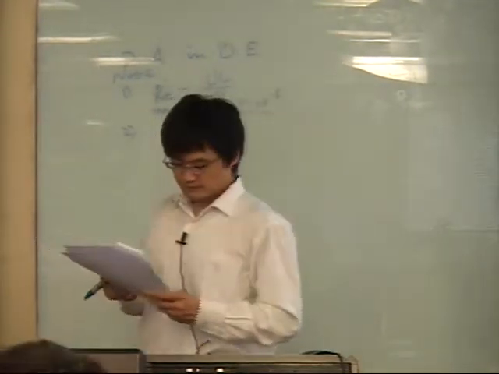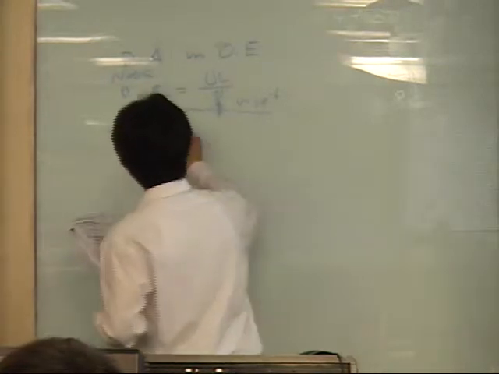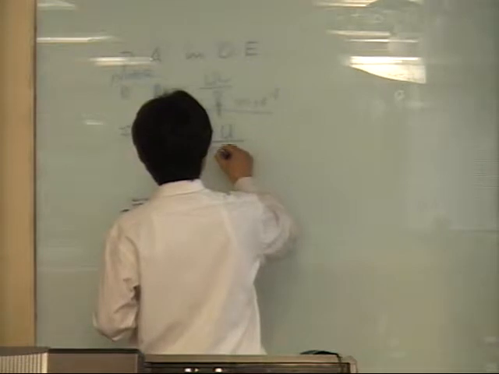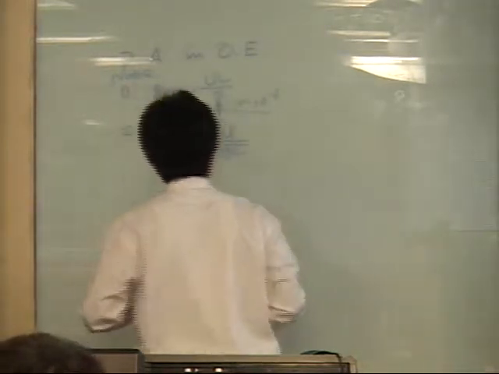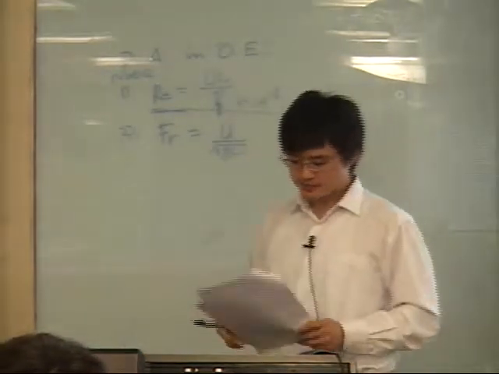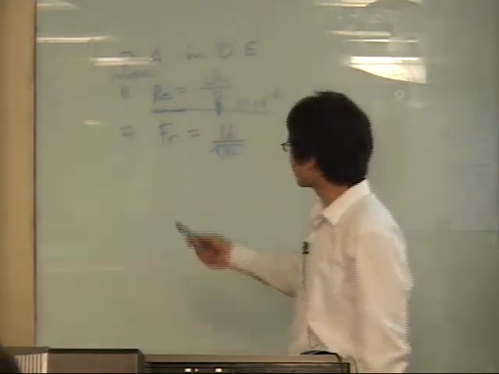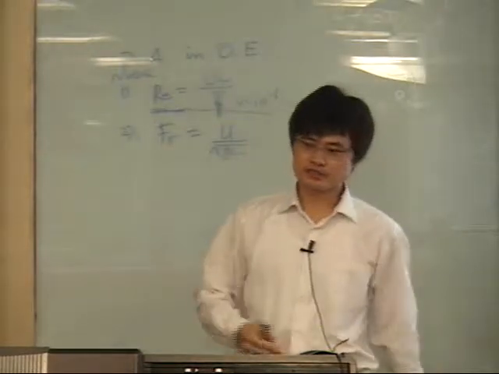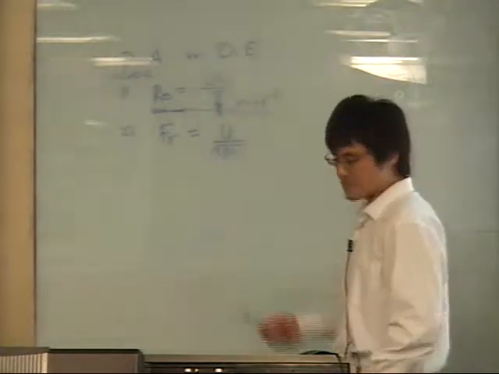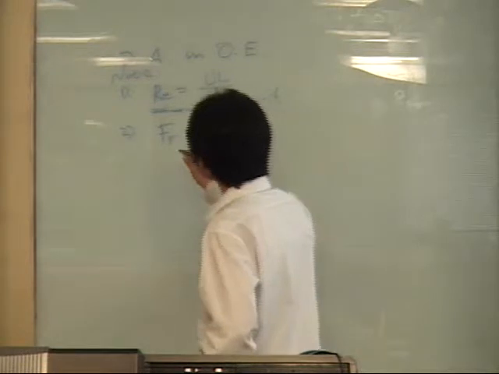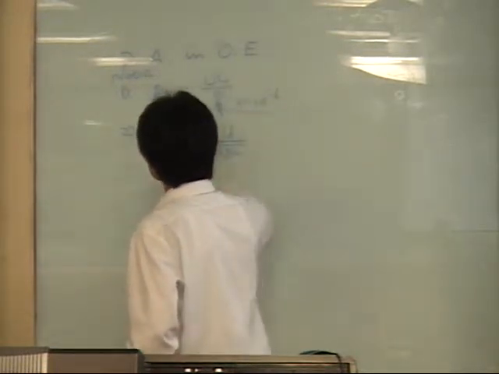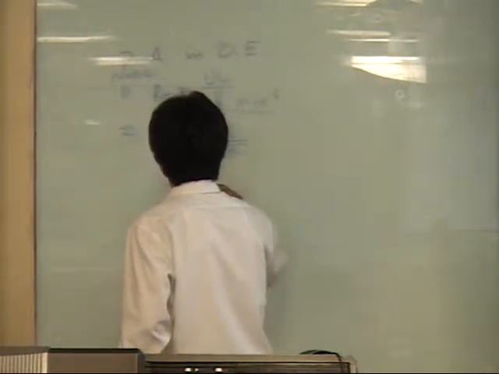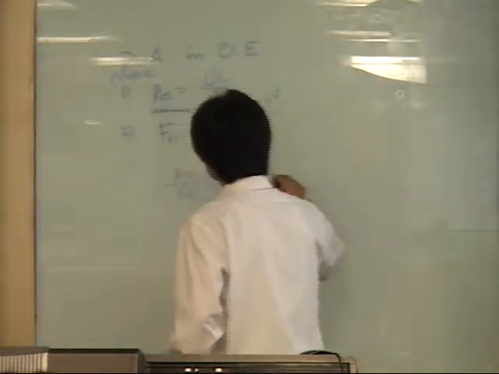Okay, we have the Reynolds number, we have the Froude number, which is U over square root of gL. We want to achieve dynamic similarity. We want to keep both of them, both increasing twice, 3 times, or 5 times. Which means if we want to achieve dynamic similarity, the ratio has to be a constant.